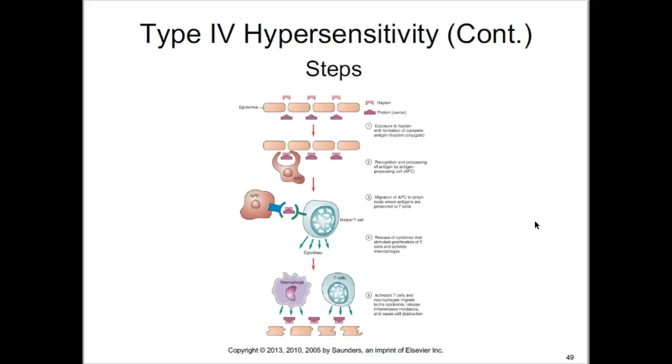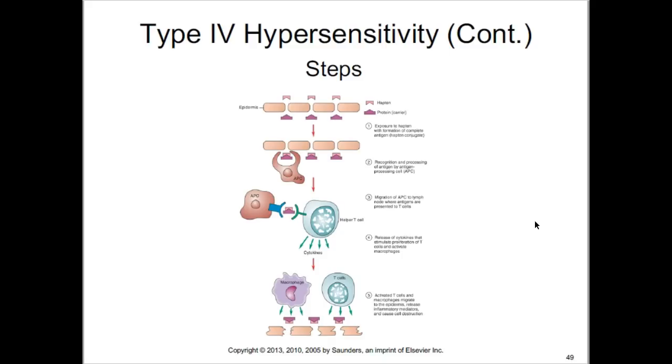You are going to then have an antigen processing cell, like a macrophage, and then that migration to the lymph node where it is presented to T cells. APCs are also called antigen presenting cells. This is an antigen processing cell. It's a slightly different name, but you might more commonly have seen antigen presenting cells.